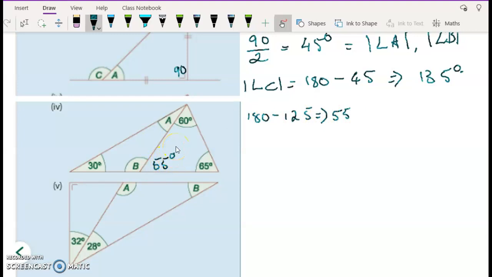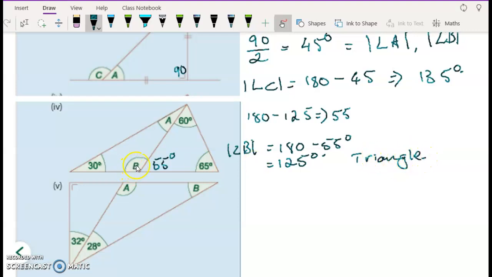Okay. So that means angle B is equal to 180 minus 55 degrees. So that's going to be 125 degrees. Of course it is, because it's the exterior to those two. Yes, and that's a triangle.